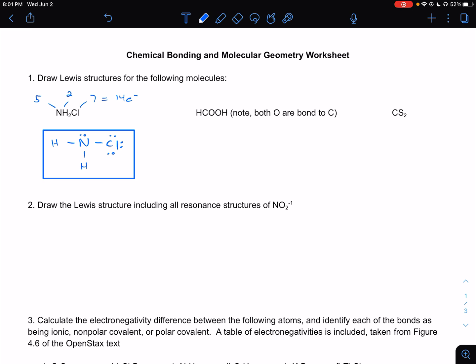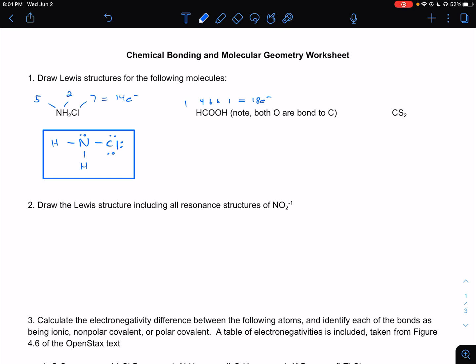In our second example, we have HCOOH. So again, we're going to count electrons. We have 1 from the hydrogen, 4 from the carbon, 6, 6, and 1. So we have 10, 16, 17, 18 electrons.